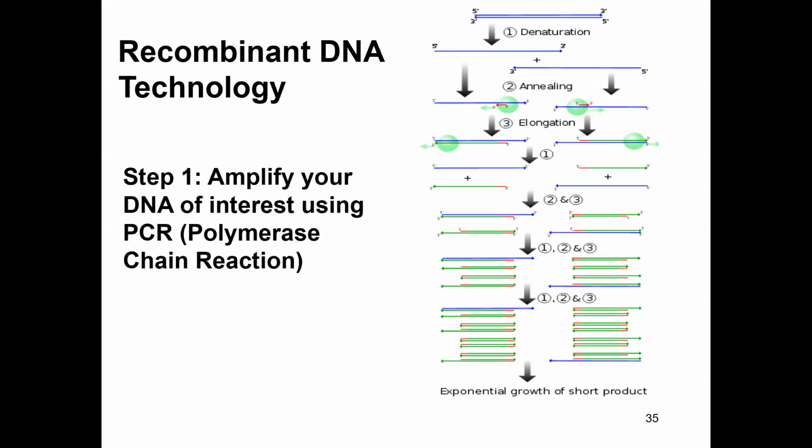So step one of making a plasmid with a gene of interest in it is that you want to copy up a bunch of your DNA. So we use a technique called polymerase chain reaction, or PCR.